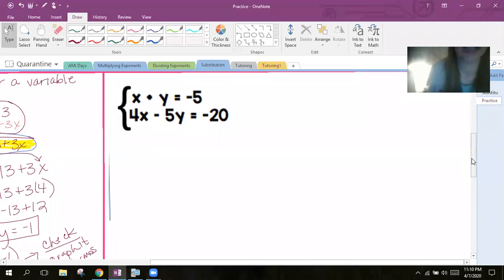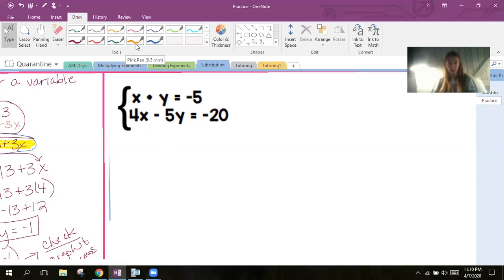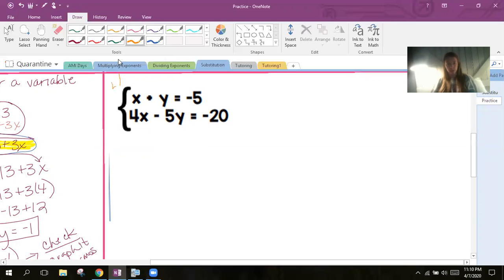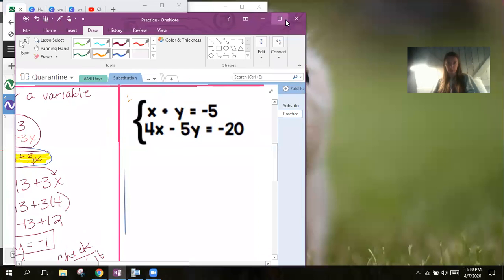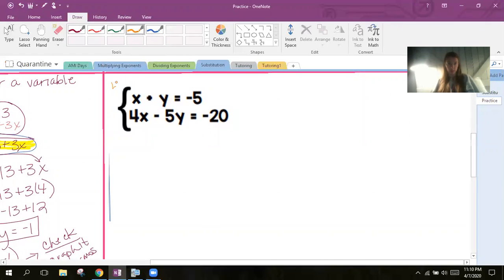Okay, next problem. Again, this one is not solved for a specific variable, so we need to do that. So we can just take this equation here, and we're going to solve for a variable, okay?